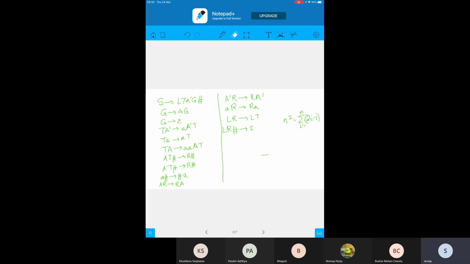So basically what I will do is, I have this left marker and the right marker is, let's say, hash. I also have, let's say, T indicates the pointer, the tape head. A dash will be something that generates one single small a. And capital A's will be something that generates at least two small a's.